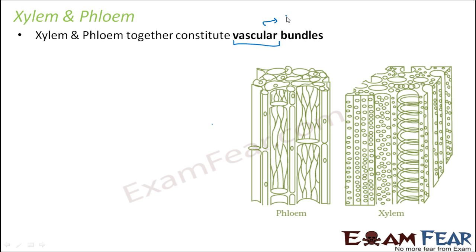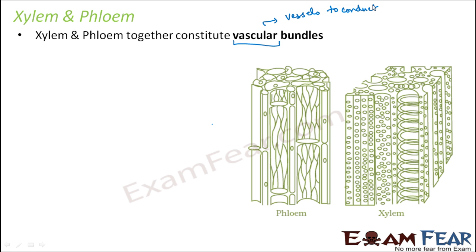So in a plant, conduction of what is important for survival? Different parts of the plant need nutrients. Different parts of the plant need water. It also needs food, right? All these things are needed by each and every part of the plant.